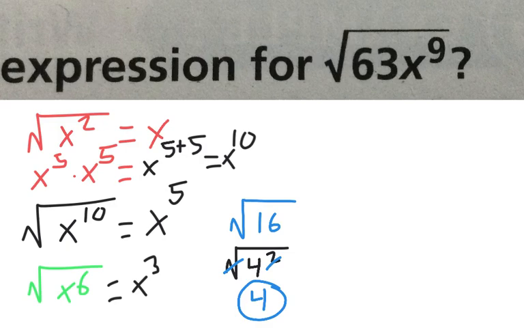So why is it half of each one? Because you're adding the exponents. When you multiply powers, x to the 5th times x to the 5th is x to the 10th. When you add something to itself, you're doubling it.